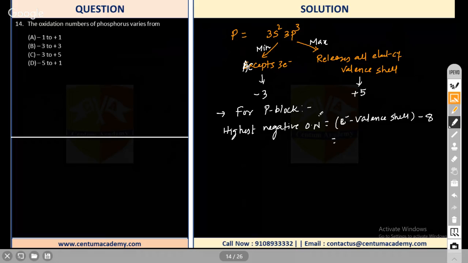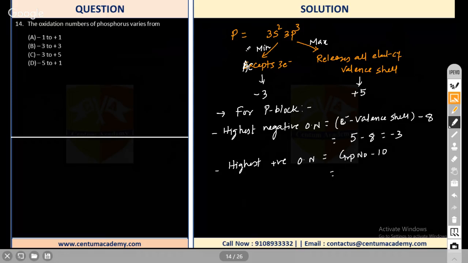The number of electrons in the valence shell is 3 plus 2, 5. 5 minus 8 is equal to -3. And the highest positive oxidation number is equal to the group number minus 10.